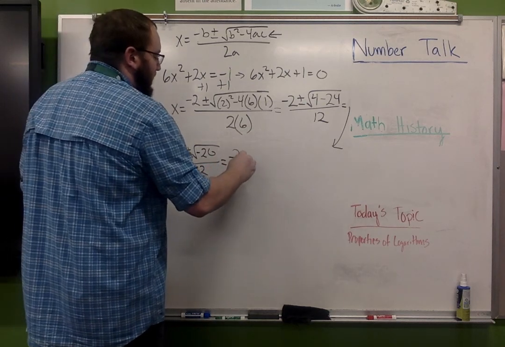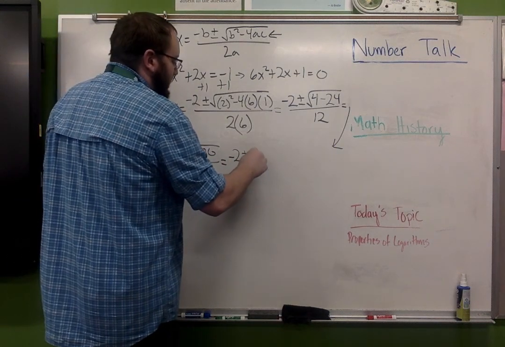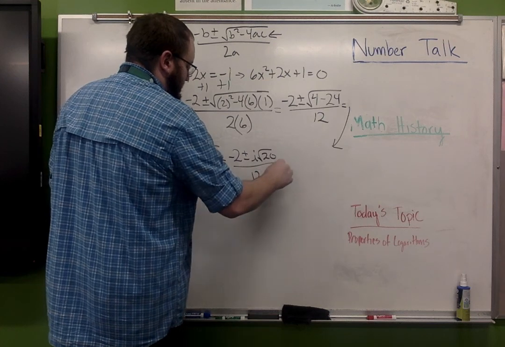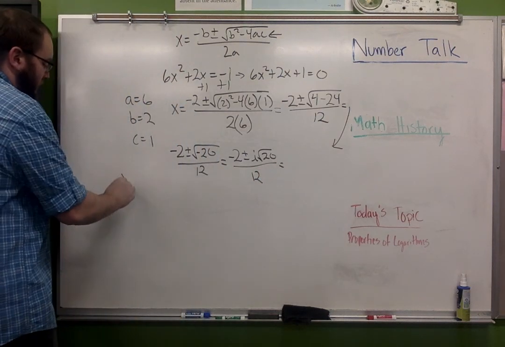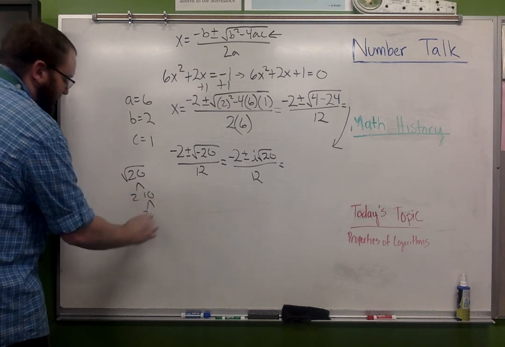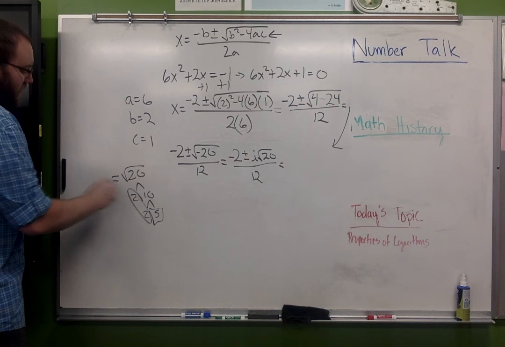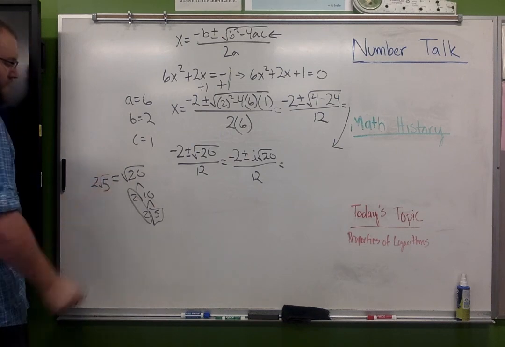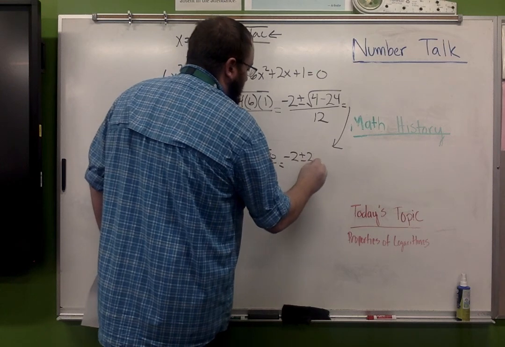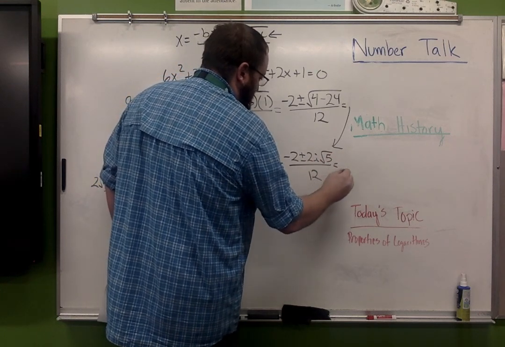Can't take the square root of a negative, so we have to factor out the imaginary unit I. So I have factor out the I, and now I have square root of positive 20. Square root of 20 is 2 times 10, and 10 is 2 times 5. Group of 2 of the same number, 5 is left over. So this is the same as 2 square root of 5. So this is negative 2 plus or minus 2I square root of 5 over 12.